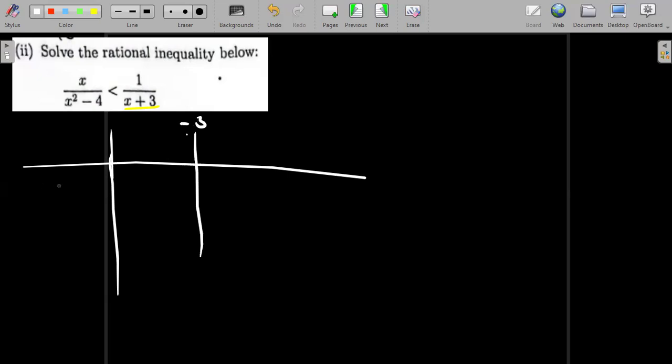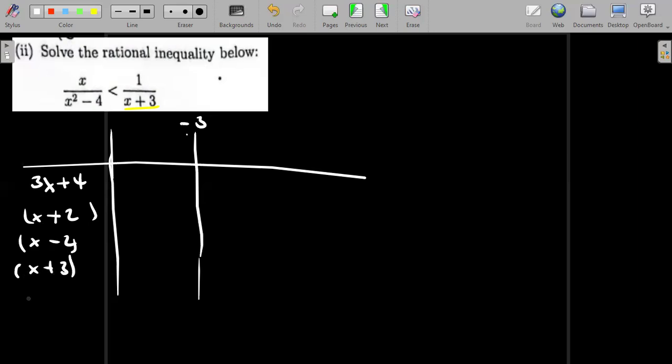Then I can be plugging in my factors, which I had in the numerator: 3x plus 4, then x plus 2, then x minus 2, and then x plus 3.